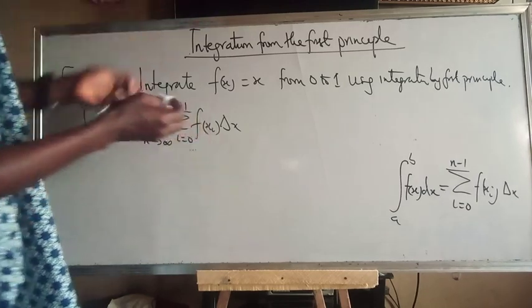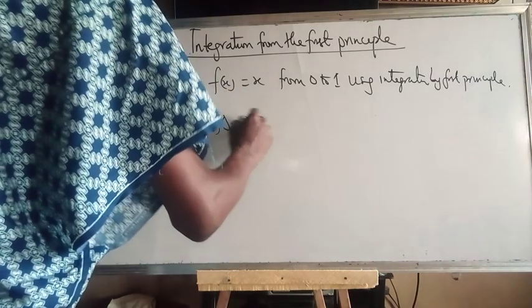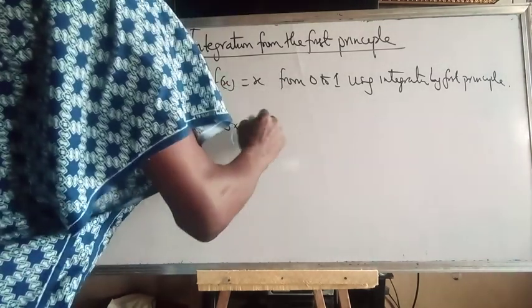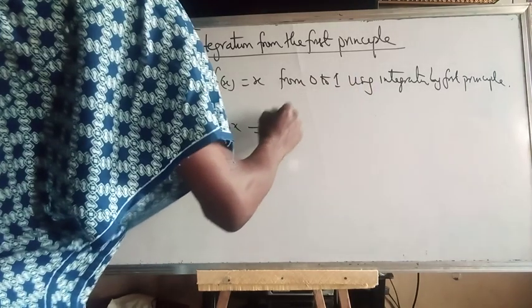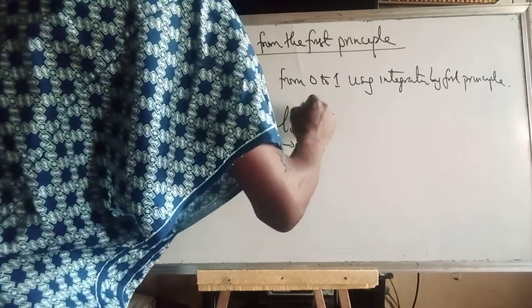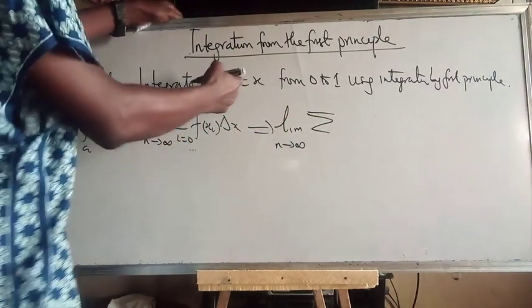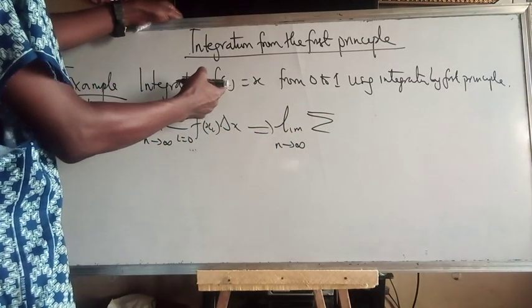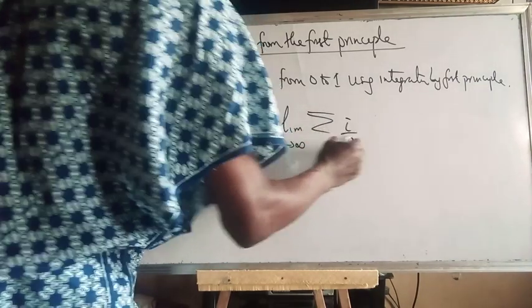so we can have, this implies that we have what? Let's find the summation before we take our limits, or we can do it directly. Okay, limit as n tends to infinity of the summation of f of xi, our f is x, our xi is i all over n.